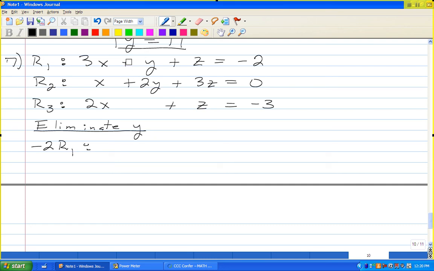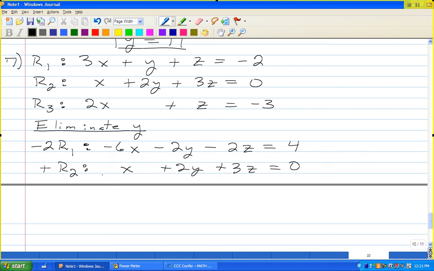Since the signs are the same, I've got to change one of them, so I might as well just change R1. So negative 6x minus 2y minus 2z equals 4. And I'm going to add to that R2, which is x, 2y, 3z, 0.